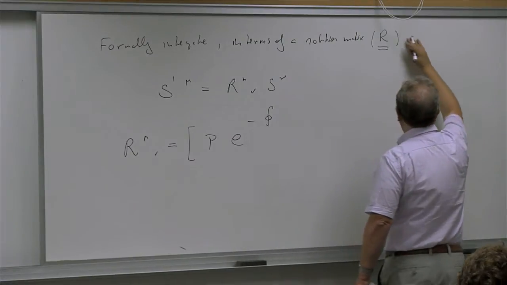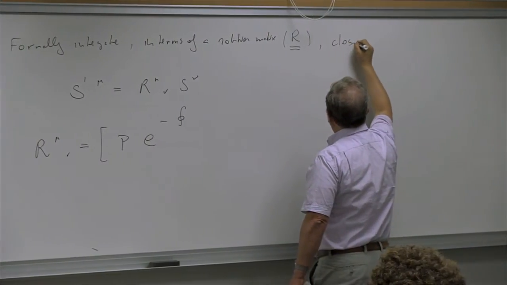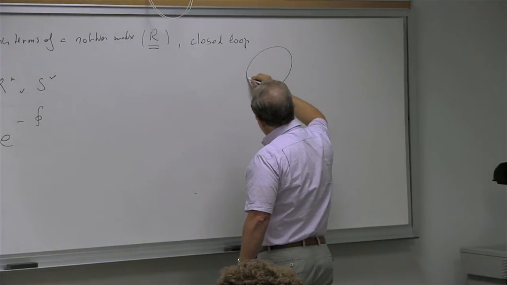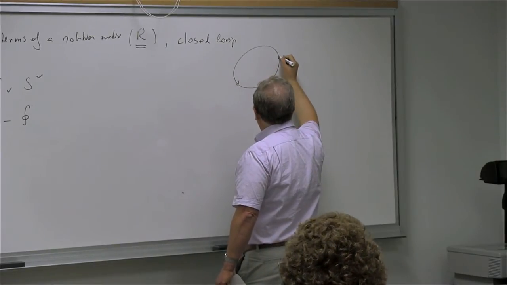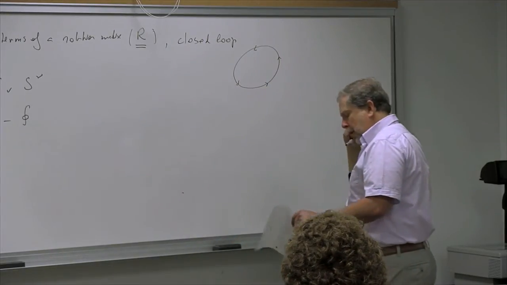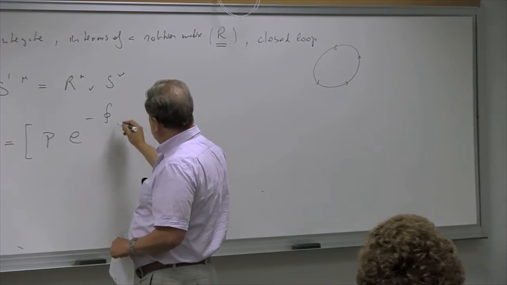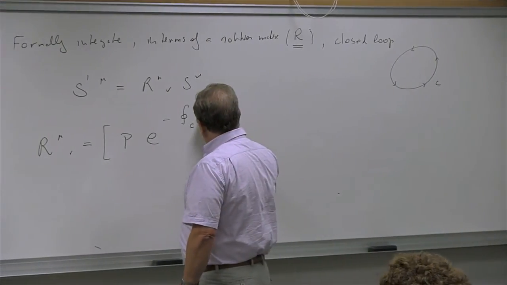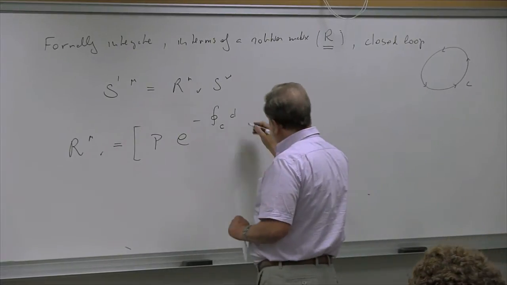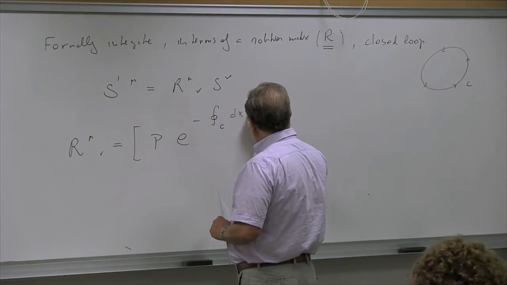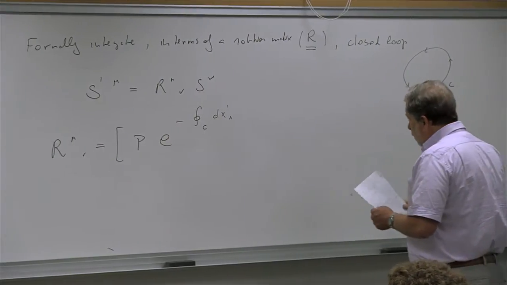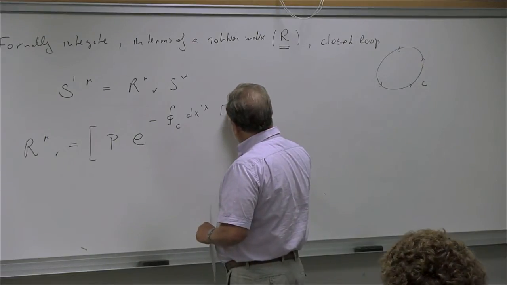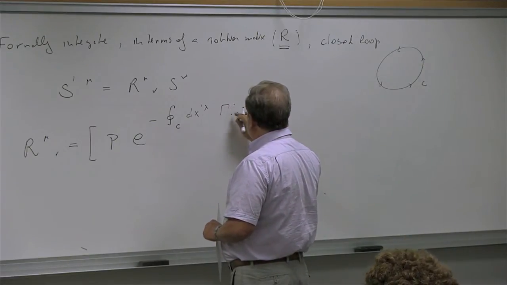So we consider a closed loop. In other words, instead of taking a path which is from A to B, we're going to consider a loop. And so we can write this as a path ordered product along this path C of dx prime lambda times gamma lambda with some indices.